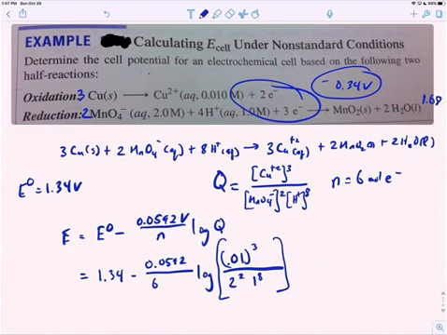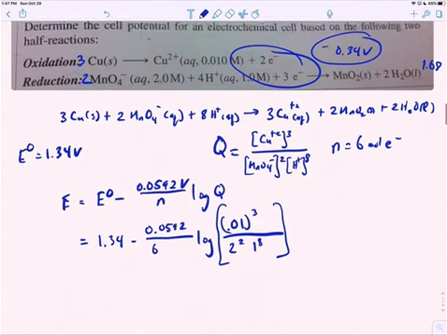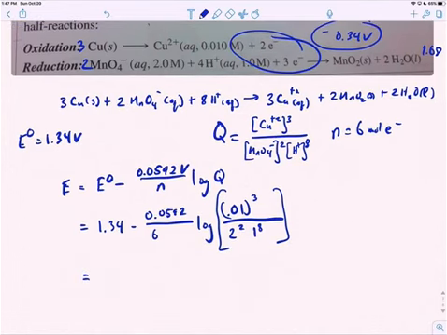So 10 to the minus 6 all over 4. So 1 to the 8th is that. So 10 to the minus 6 divided by 4, the log of that. But anyways, you put that in your calculator, and you get 1.41 volts.